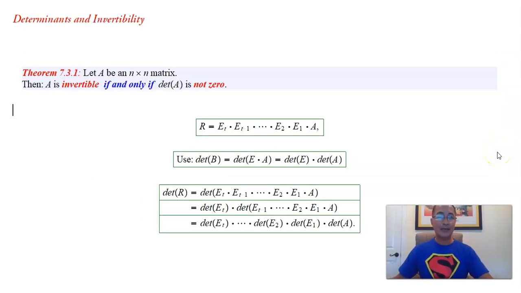Okay, so now it's time to get down to business, and we are going to prove the first property of the determinant function, and that is a matrix A is invertible if and only if its determinant is not 0. So we're going to put everything we've learned together. So remember that we can get the REF of a matrix, let's call that R, by applying a sequence of elementary row operations.